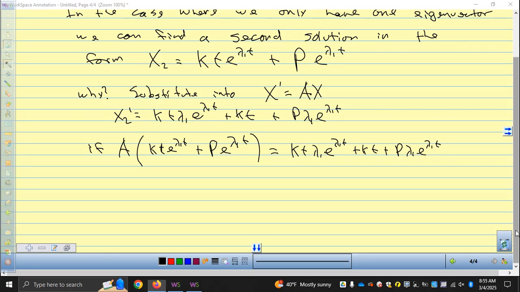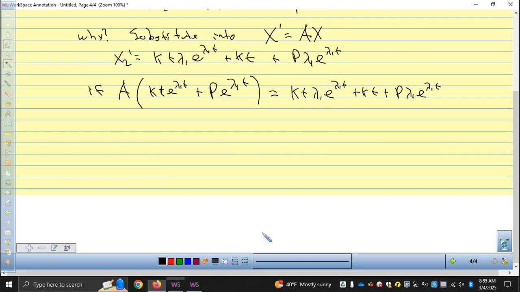If that is the case, then what I'm going to do is subtract this from both sides, so I get 0 on the right-hand side. And I'm going to factor out the t e to the lambda 1t out of all the terms that contain a t e to the lambda 1t. And I'm going to factor out an e to the lambda 1t out of all those terms.